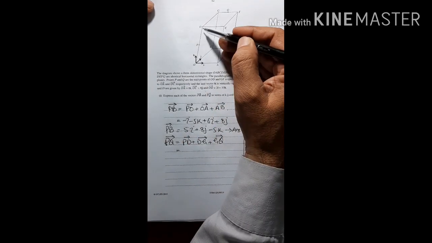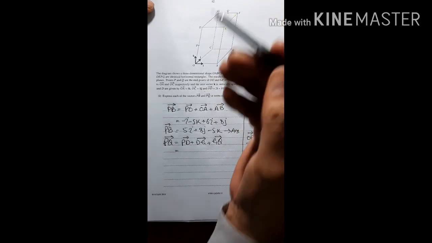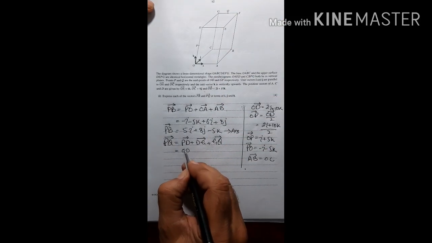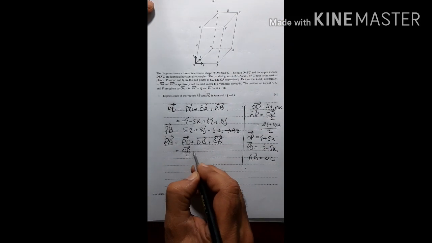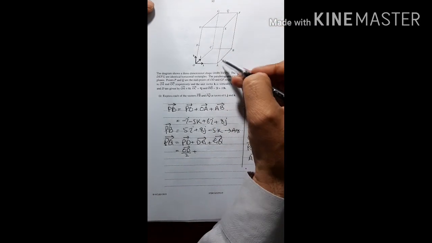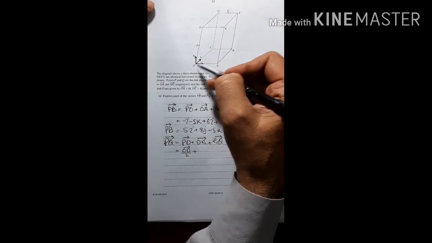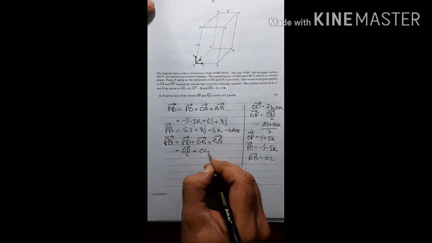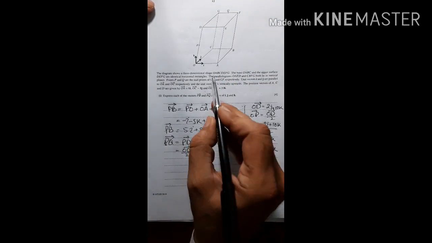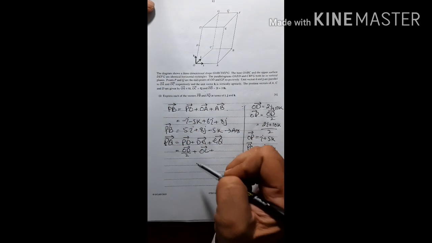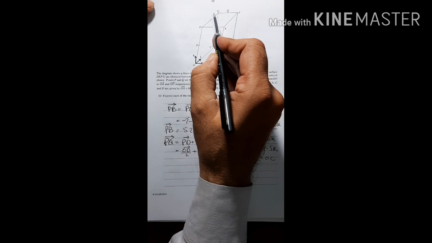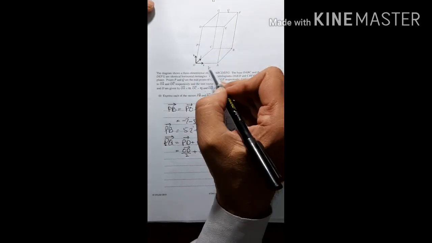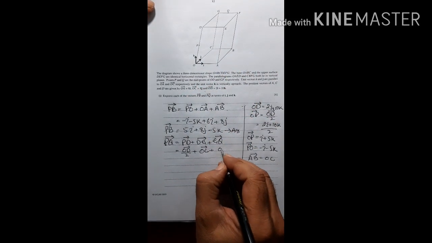So PD is half of OD, so I can write OD over 2 instead of PD. DG is parallel to OC, so DG and OC are equal, so I'll write OC instead of DG. I have the value of OC, I have the value of OD as well, and GQ is half of GF, which is OA, so I can write it as OA over 2.